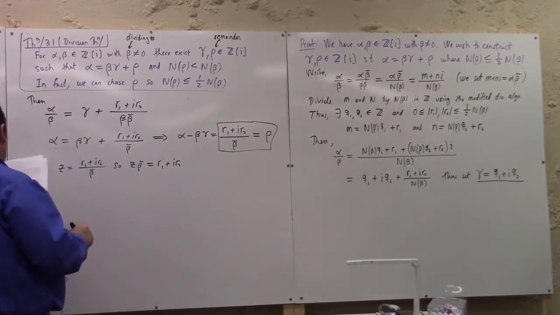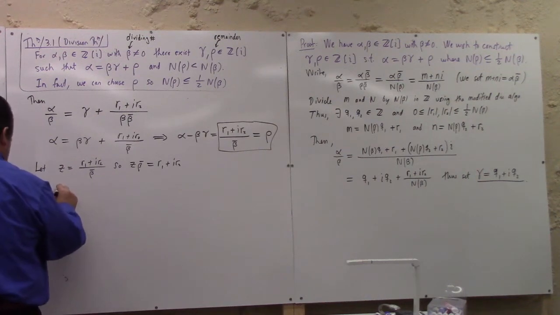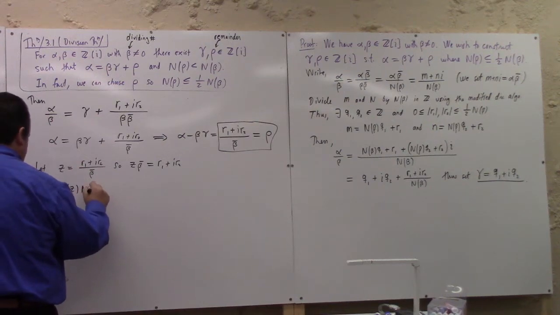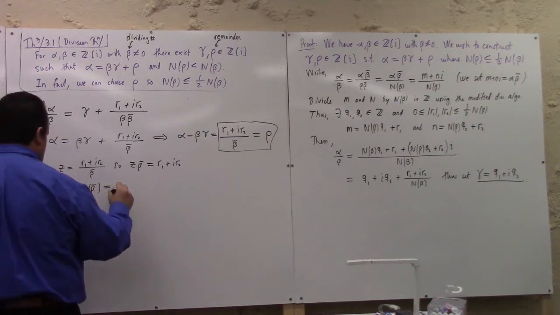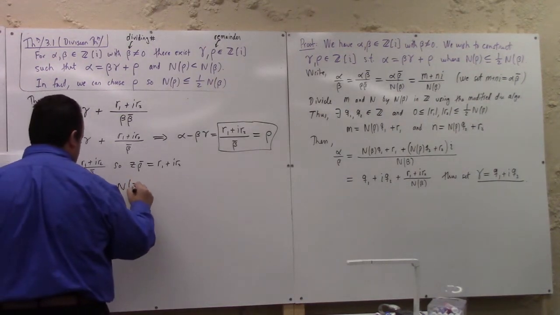Not sure where he's going with this. So he's like, okay, so then the norm of z times the norm of beta bar is equal to the norm of z beta bar, right?